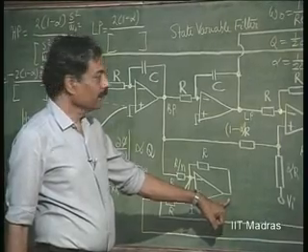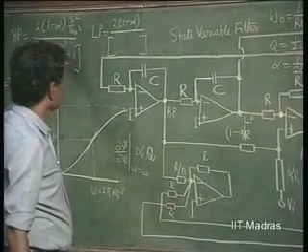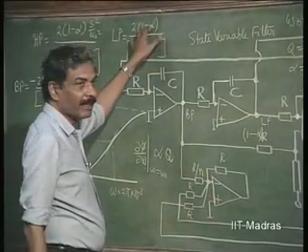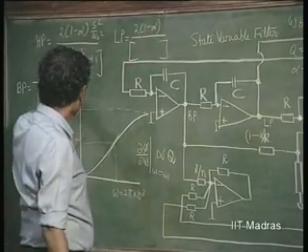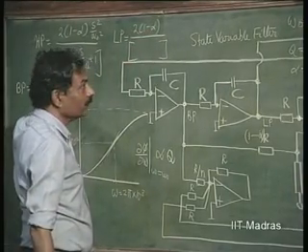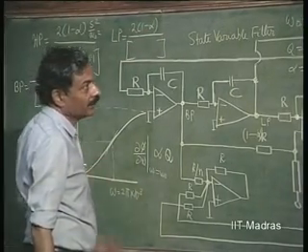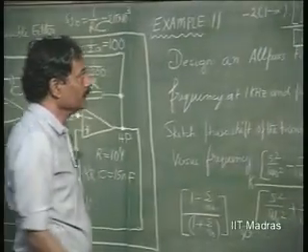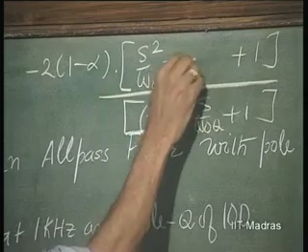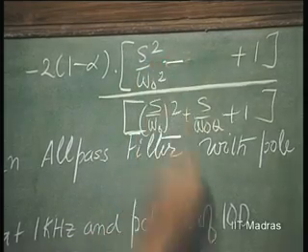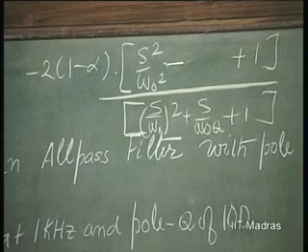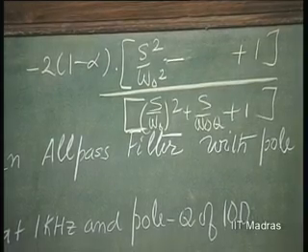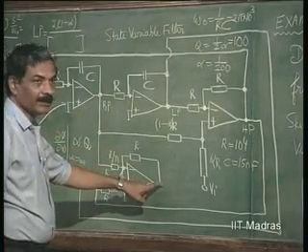If we simply add this one with minus sign, then this one we already have taken out 2 into 1 minus alpha with a minus sign. So, that will be again minus. Because it is originally itself minus, so it becomes plus here.